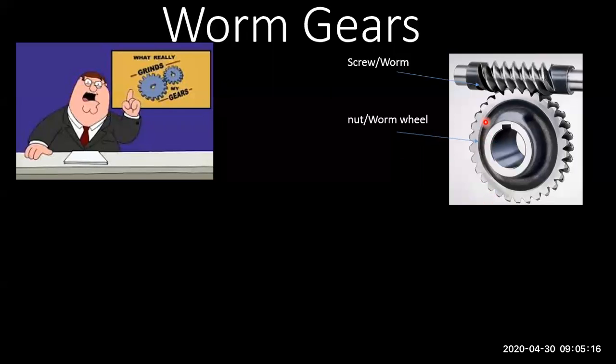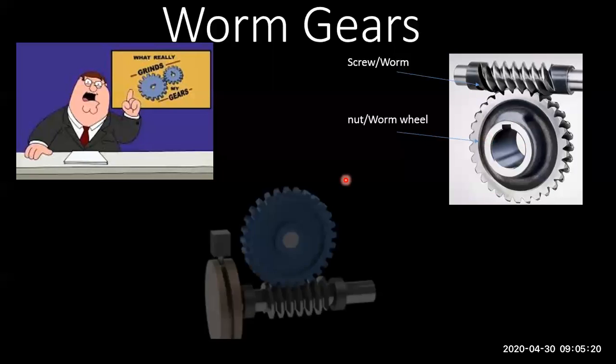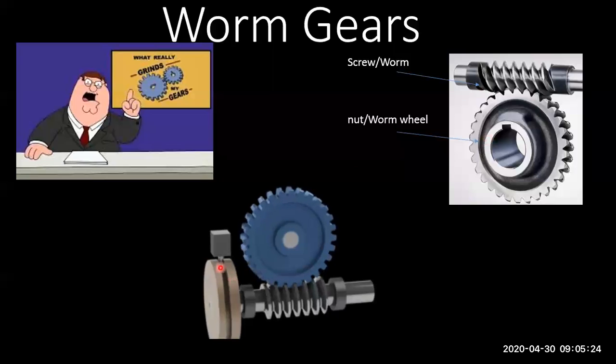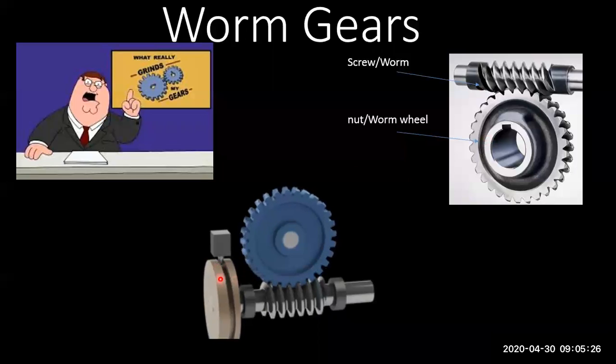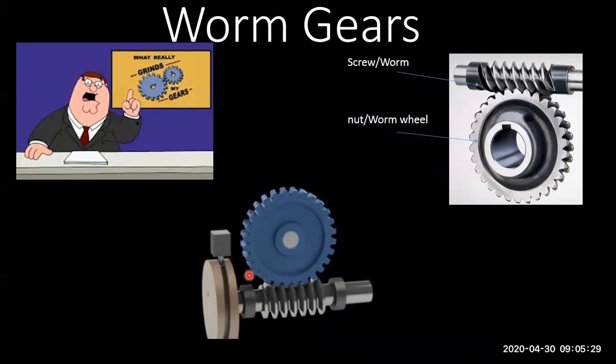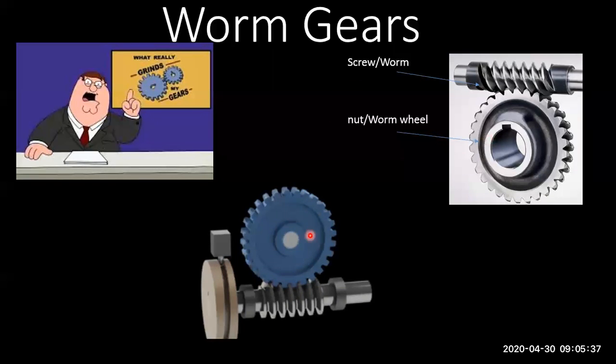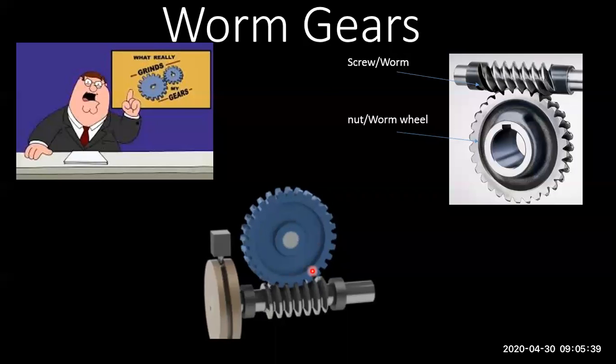So worm gears are unique in a sense because these cannot be back driven. You can see in this figure we have a cam and follower sort of mechanism where it is only moving in one direction. You can check it out in this GIF here. You can just operate it in one direction.